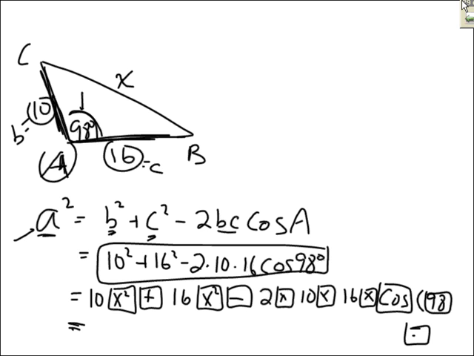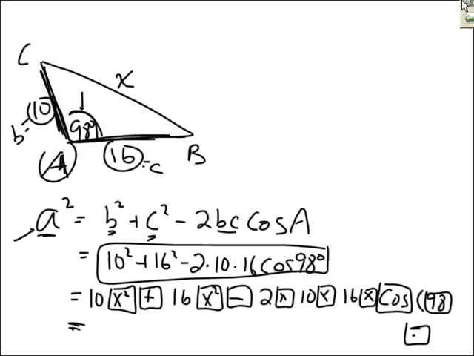Okay, 10 squared plus 16, the square button, minus 2 times 10 times 16 times cosine 98 degrees.